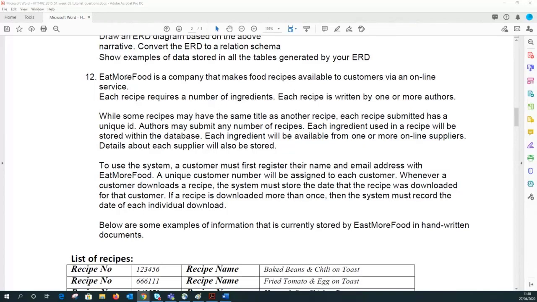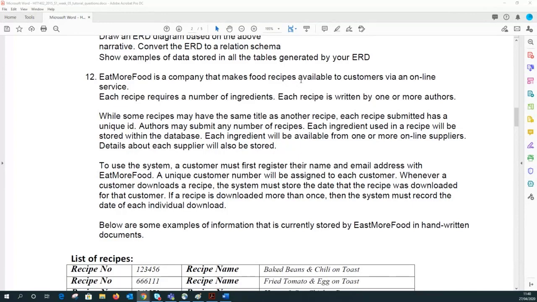They're talking about Eat More Food, the company. So do we actually require this company to represent in an entity? No, right? So we don't need that. It looks like we are actually developing an ERD diagram or database for this particular company. So we don't need an entity to represent this company.